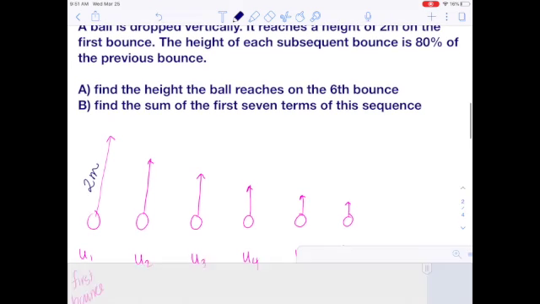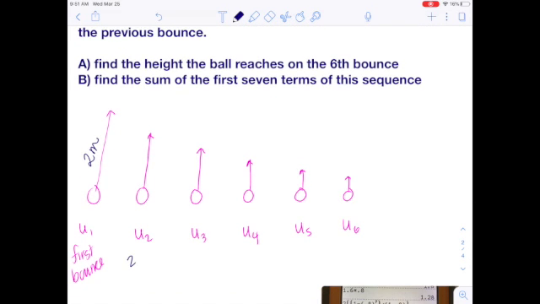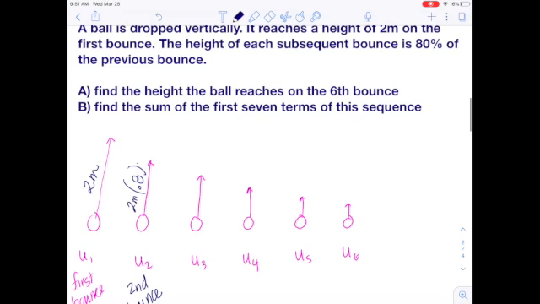So on the second bounce, U sub 2, would be 2 meters multiplied by 0.8 for 80%. And it would only get up to a height of 1.6 meters.